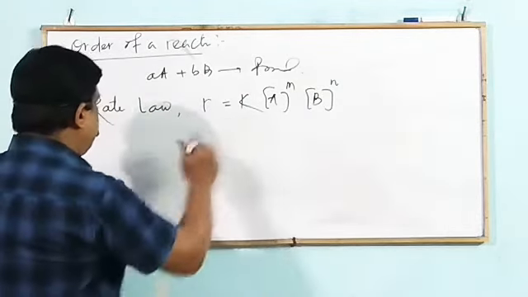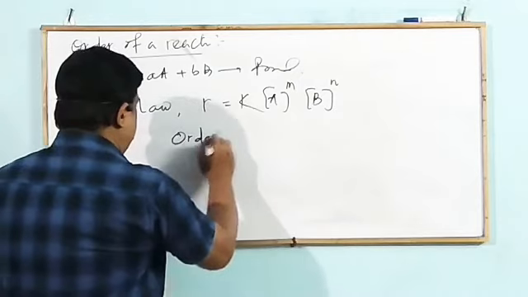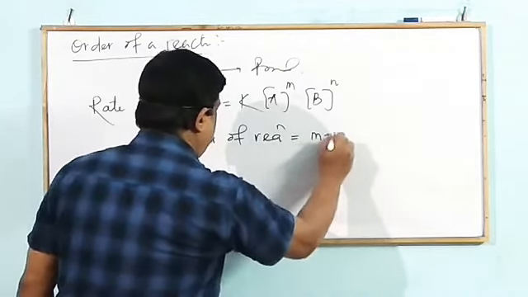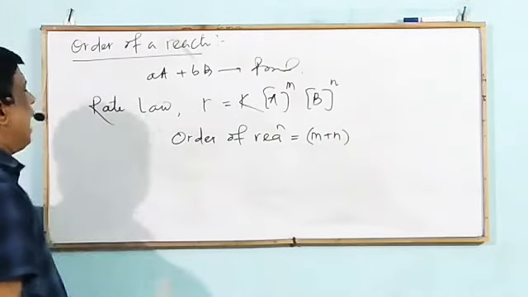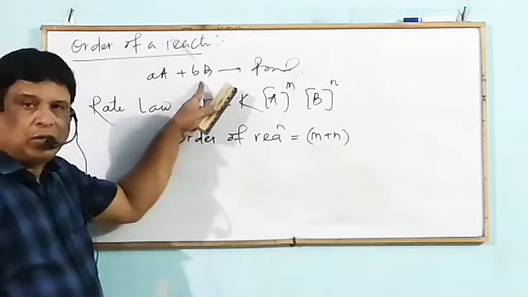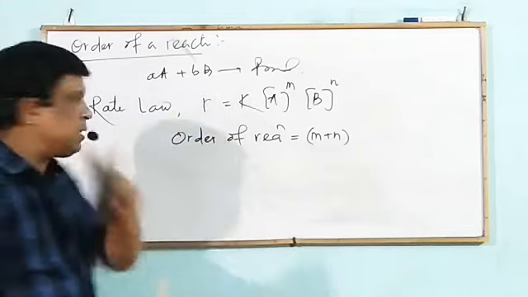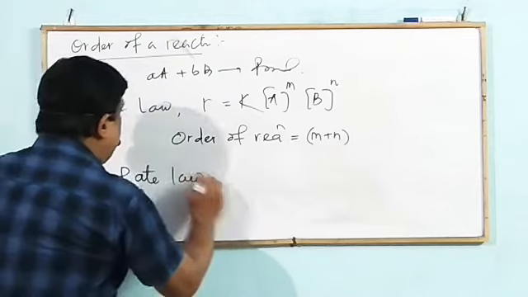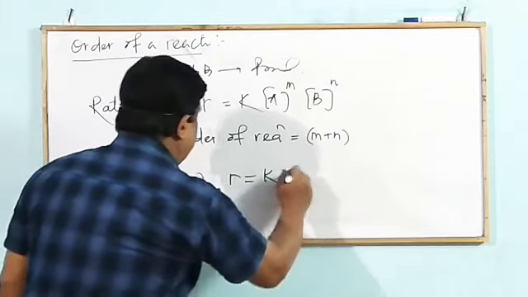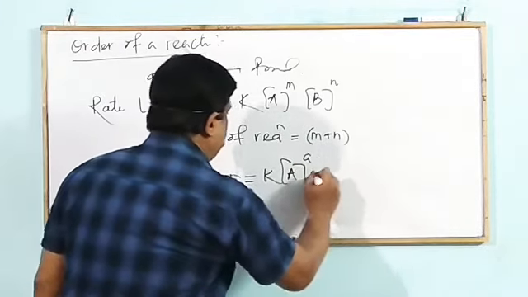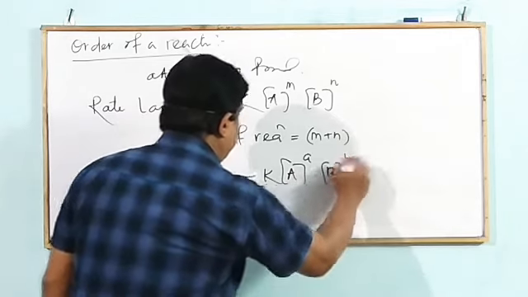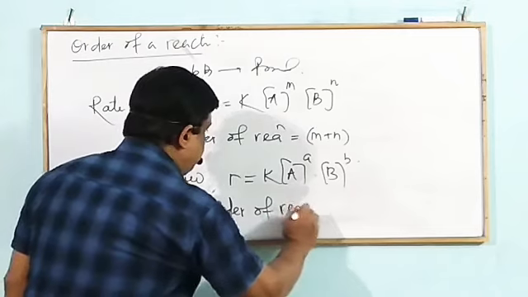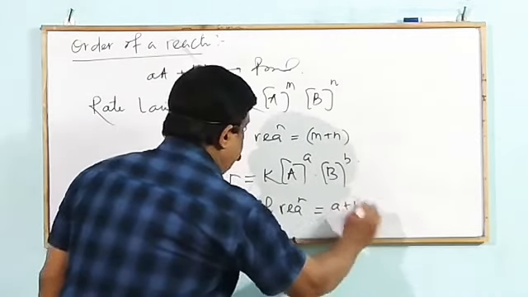Then order of reaction is equal to m plus n. And if it is an elementary reaction, that means it completes in a single step, then according to the rate law, R is equal to k [A]^a [B]^b. That means here order of reaction is equal to a plus b.